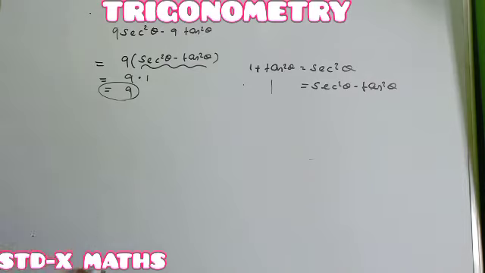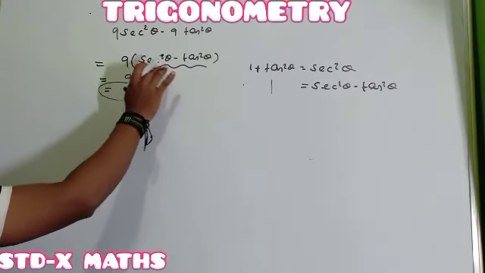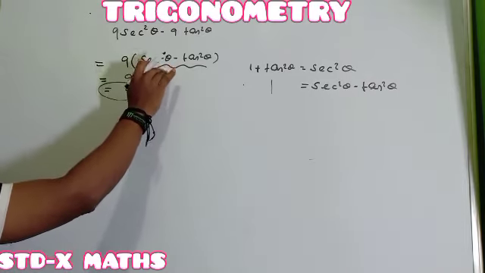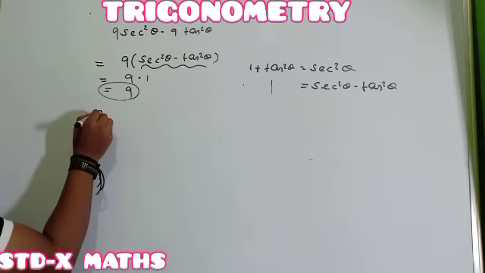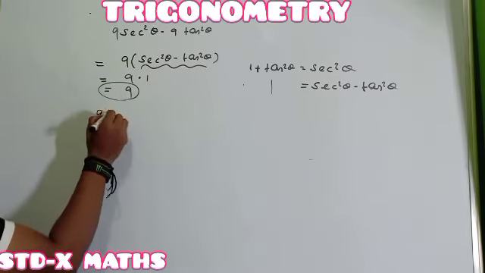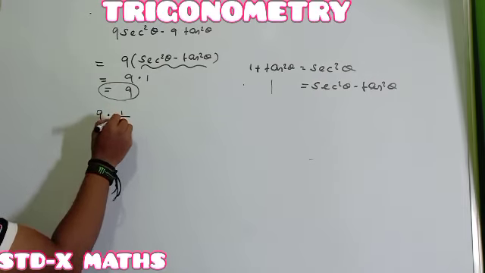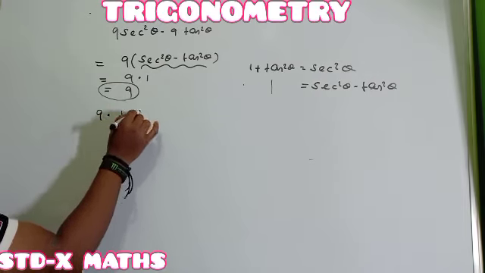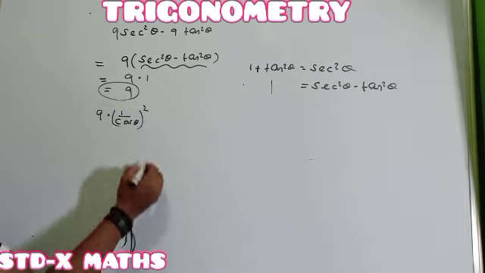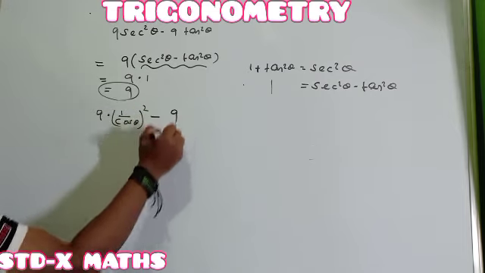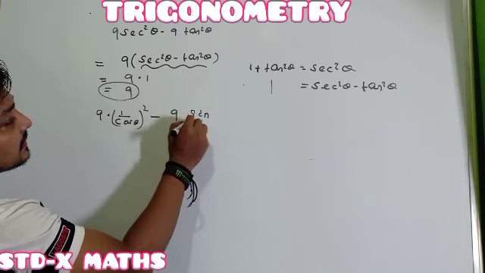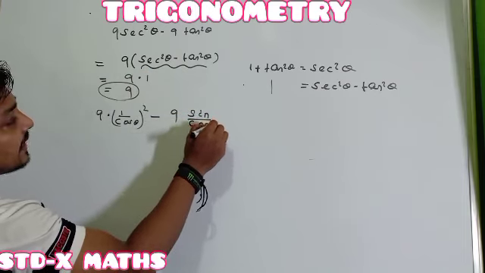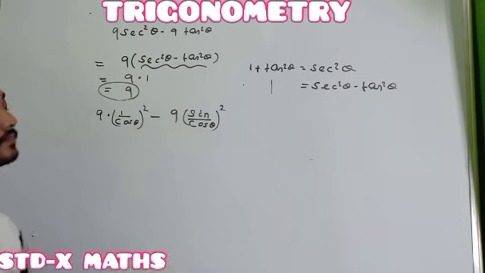Suppose one is feeling a problem in detecting the trigonometric identity form hidden in the expression. How to solve it? See, 9 sec square theta: sec theta is 1 by cos theta, its square. And the other one in simplest form: tan square theta means sin divided by cos theta, its square.